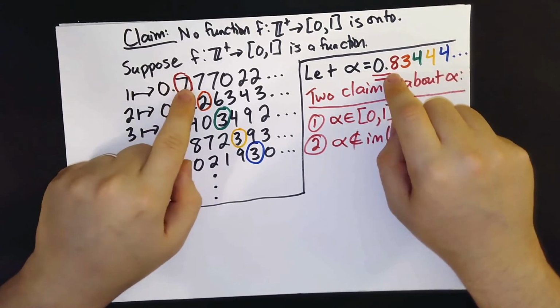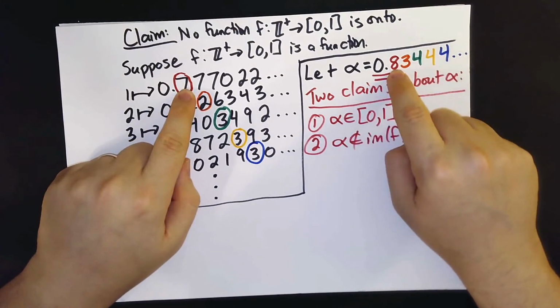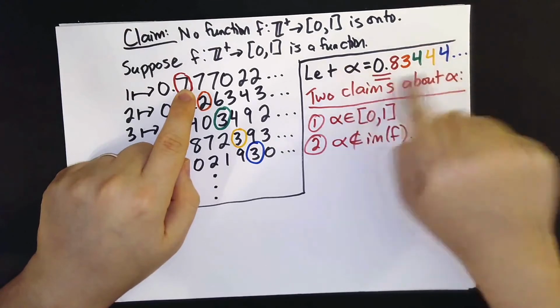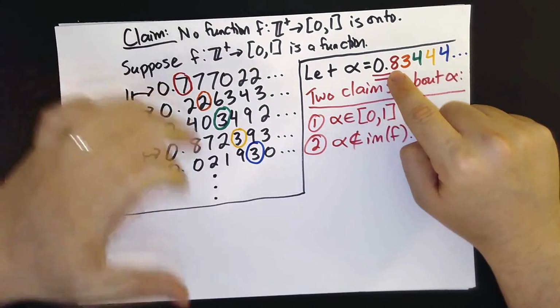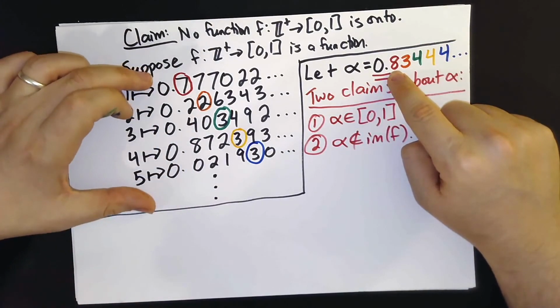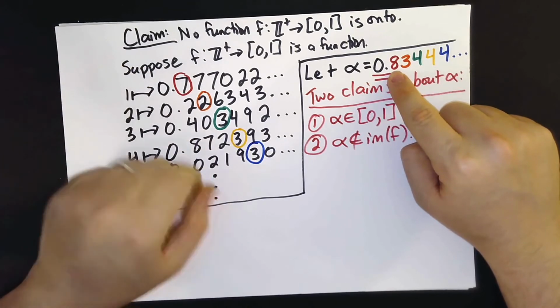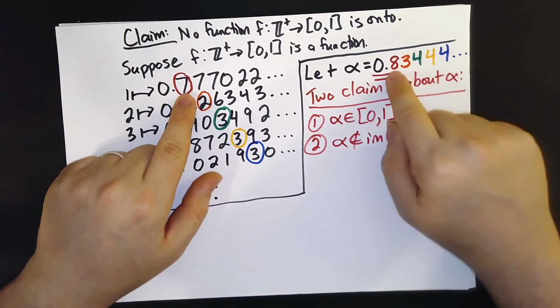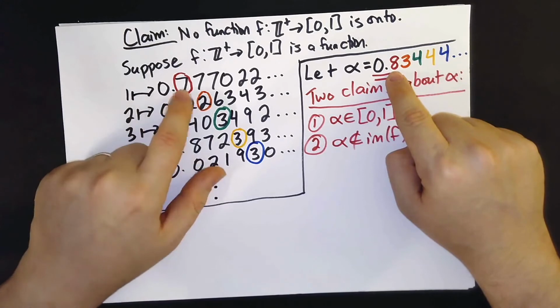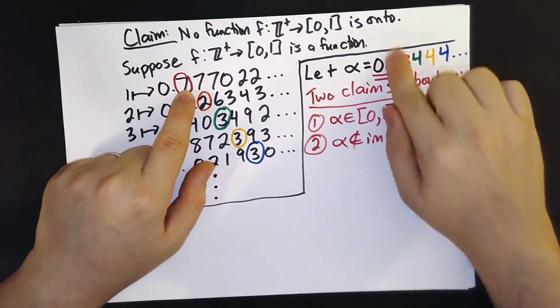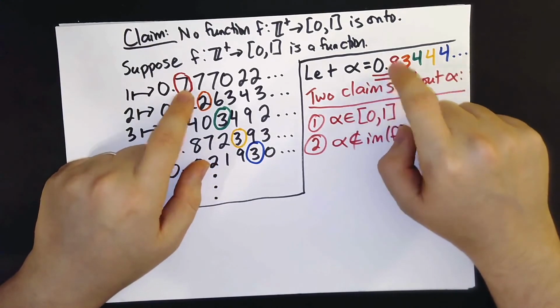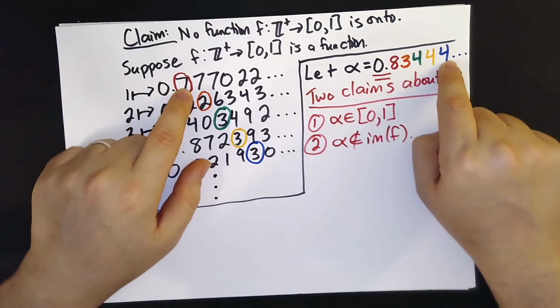So this 7 and this 8 are different. So this thing is definitely not f of 1. And note, even though I'm just showing you this construction in one particular example here, this would always work because I said the way you choose this first digit is you look at f of 1 and then you change that digit by 1. And so alpha is never f of 1.